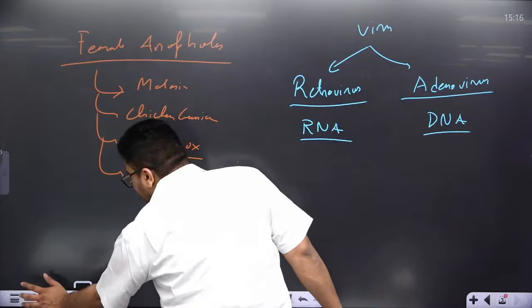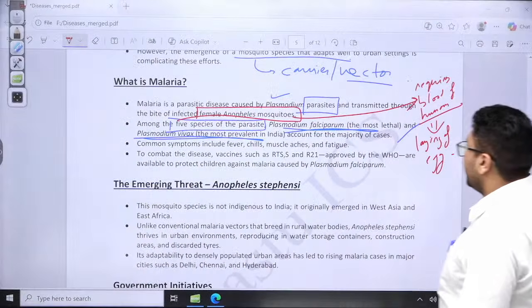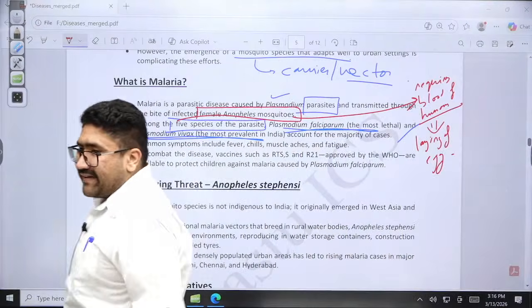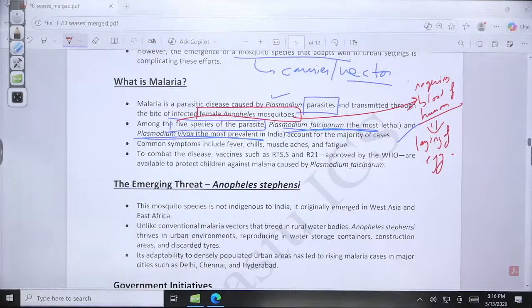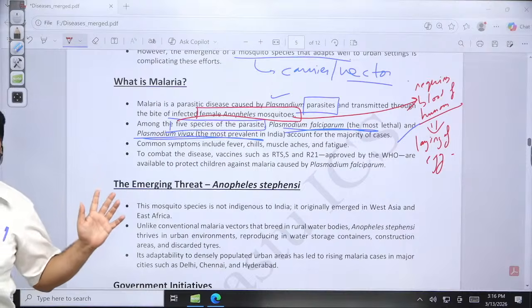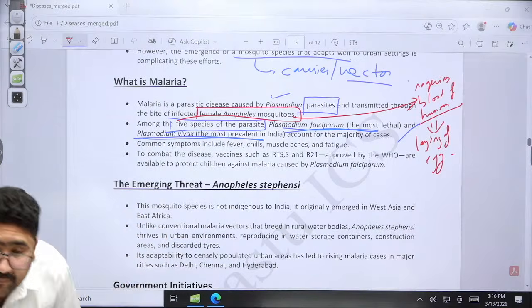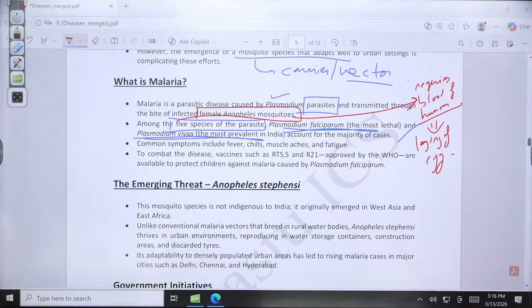Next, if through vaccination, medicines, and mosquito population control, we are able to eliminate mosquitoes like female Anopheles, then the population reduces and they will not be able to carry the parasite.